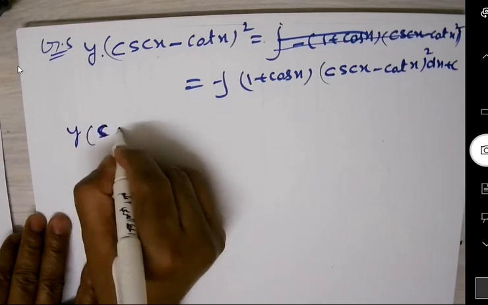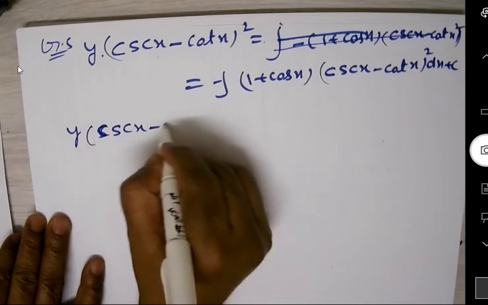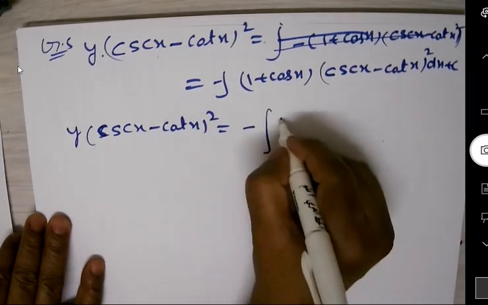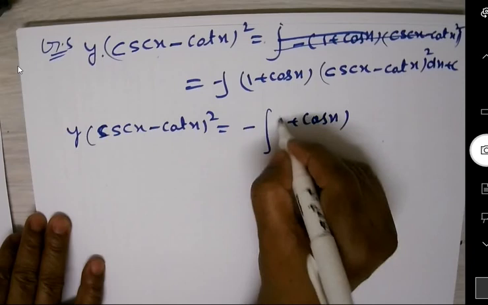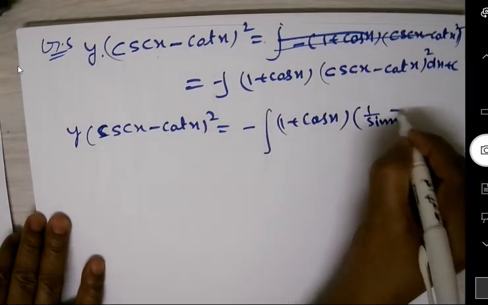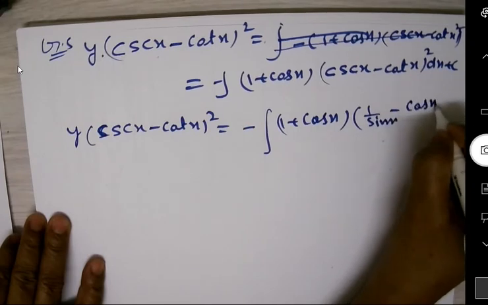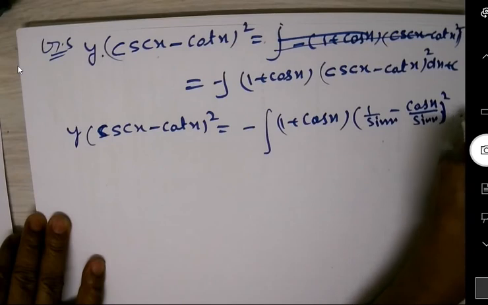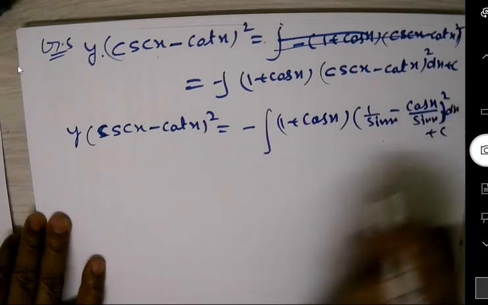CSC of x minus cotangent of x square is equal to minus 1 plus cosine of x, and simplify. CSC means 1 divided by sin x, minus cotangent means cosine x divided by sin x, power 2 dx plus c.